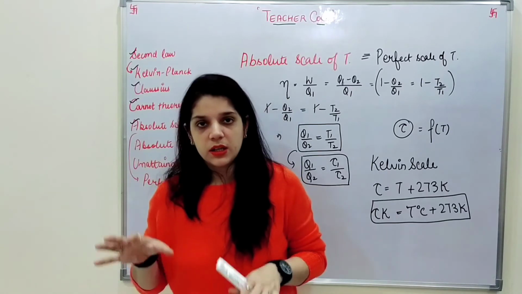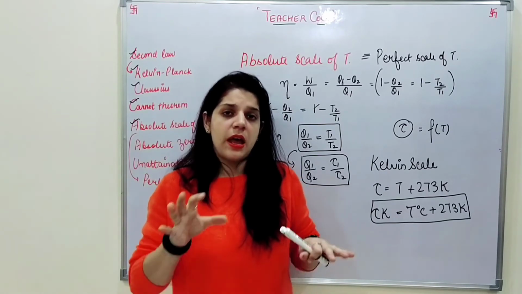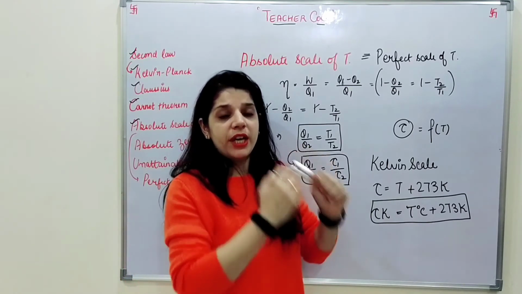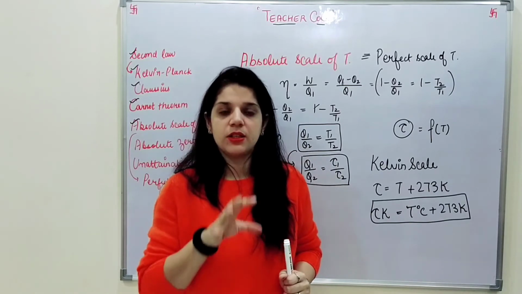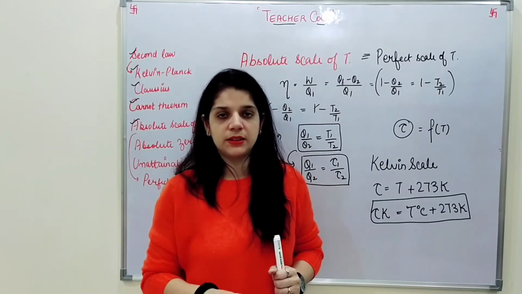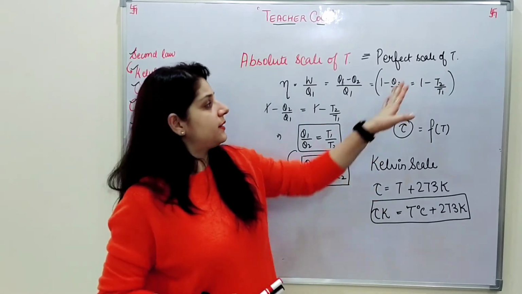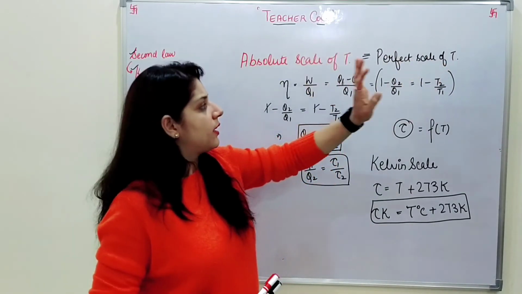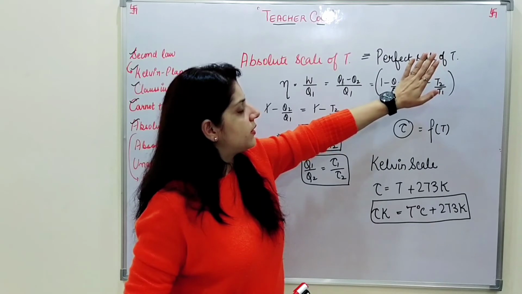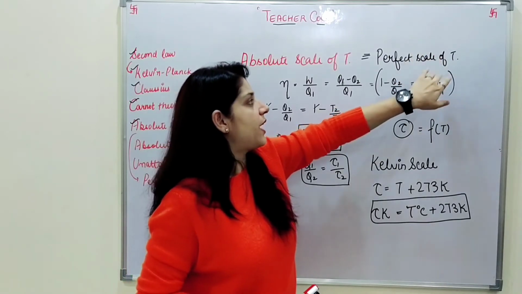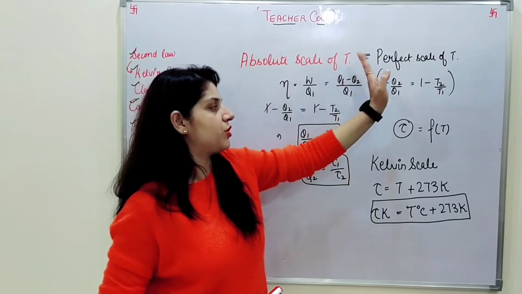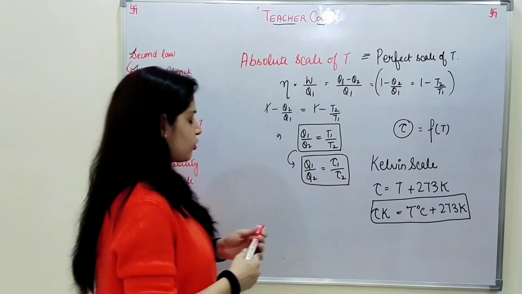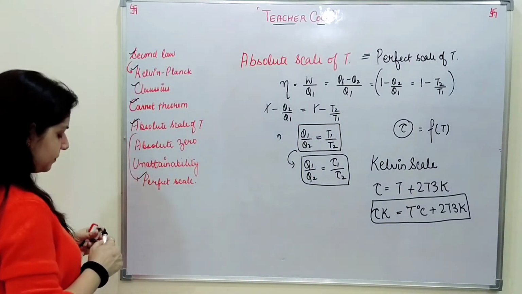But when we start working in real life, we come across errors, and the most approachable gas, which is very near to the ideal gas, is my perfect gas. It is not the ideal gas, it is the perfect gas, and that perfect gas will be studied under this absolute scale of temperature. And that is why we'll say this absolute scale of temperature is also known as the perfect scale of temperature. So with this, this topic is also clear.